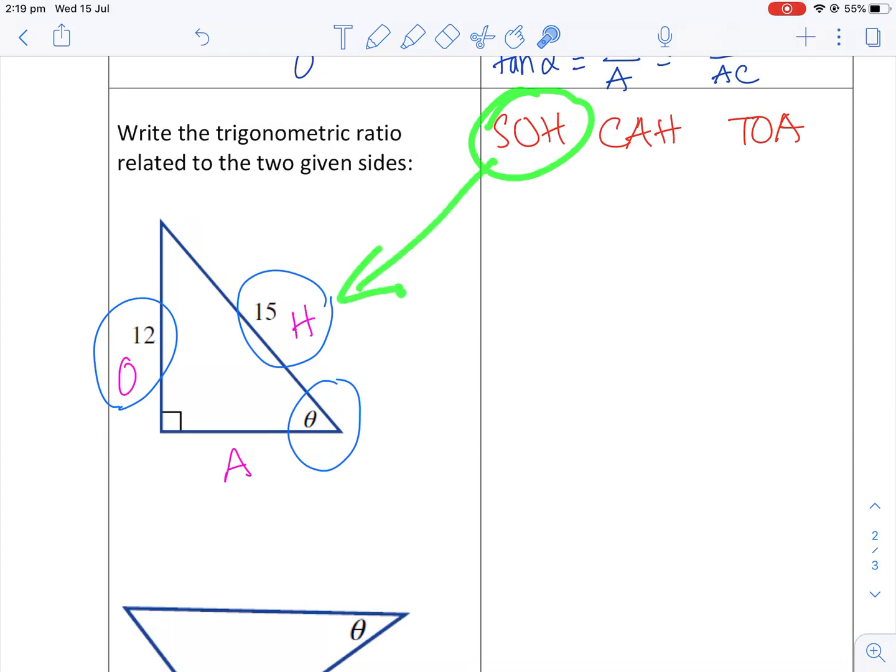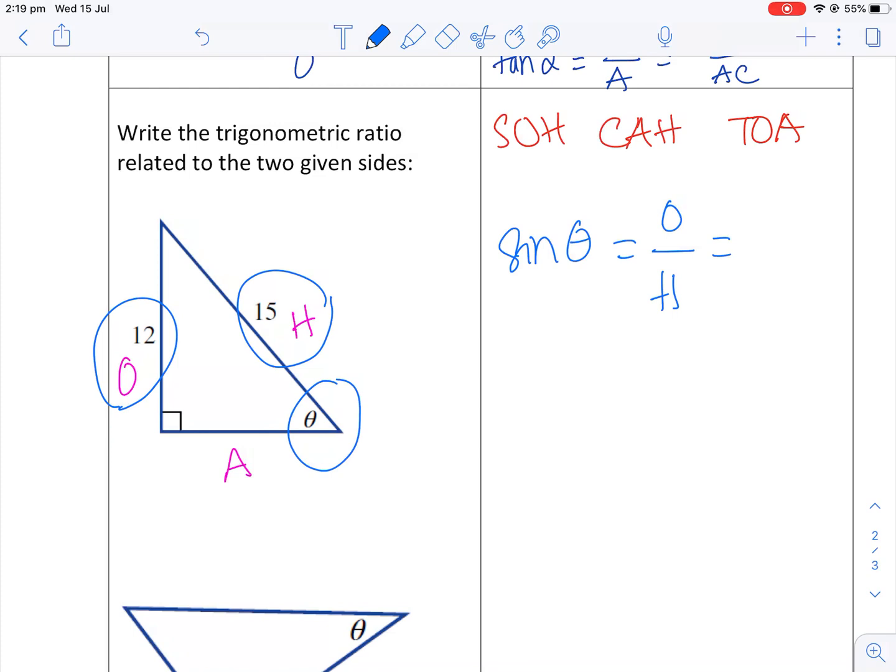So the trigonometric ratio they want you to write down is sine. Sine of theta, the angle you are working with, equals opposite divided by hypotenuse, which is 12 divided by 15. Or you can shorten it: sine theta equals 12 divided by 15.